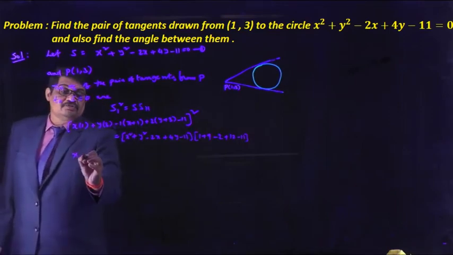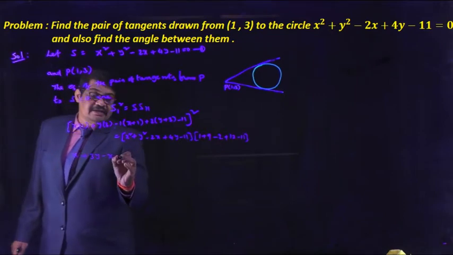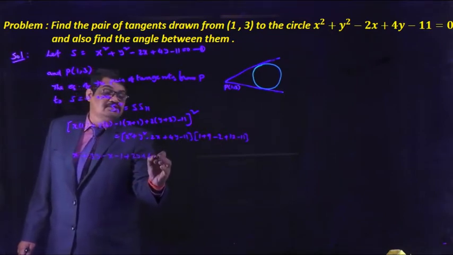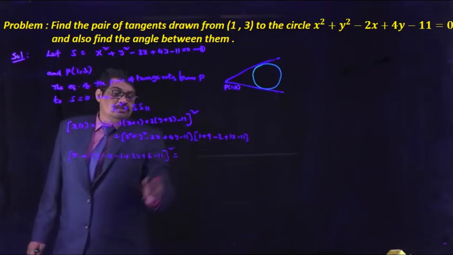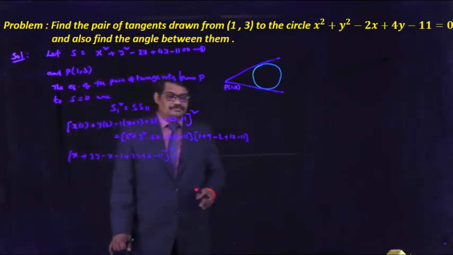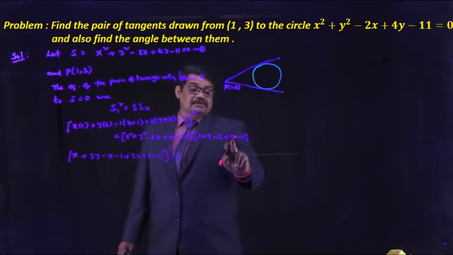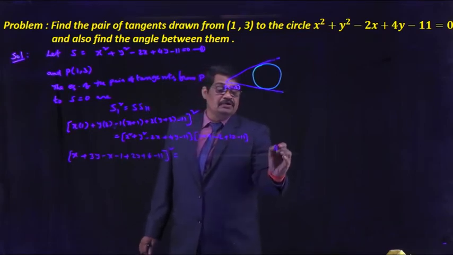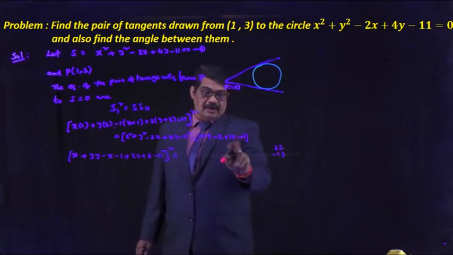Here x into 1 is x plus 3y, minus x minus 1 plus 2y, 2 into 3 is 6, minus 11 whole square is equal to what is the constant here? 1 plus 9 is 10, 10 plus 12, that is 22, that is 22 minus 13. Okay, minus 11 minus 2, minus 13.